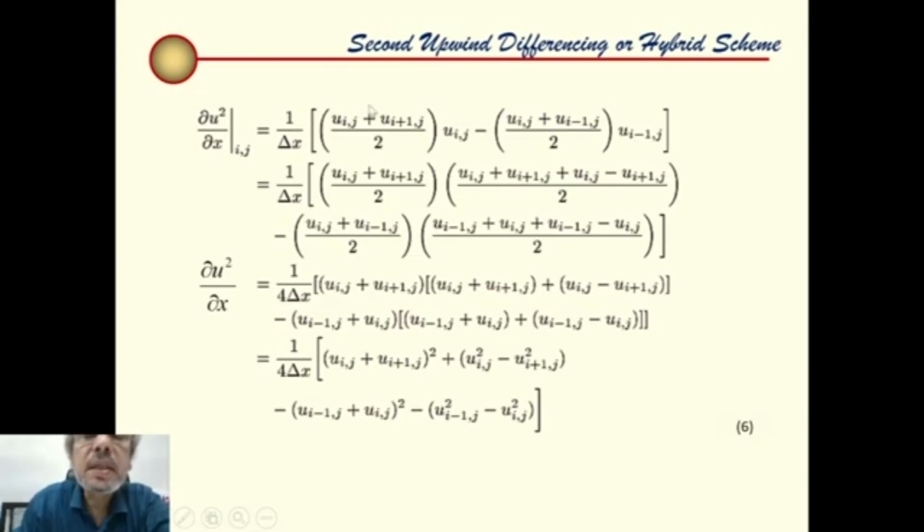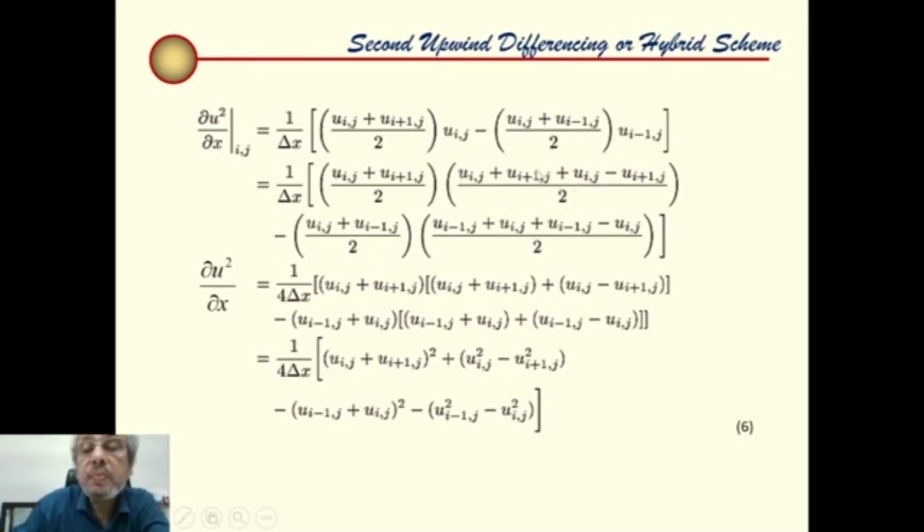Exactly, we have written that. 1 by delta x, this is ur into ij, minus this is ul into i minus 1j. Then we have done some algebraic manipulations for bringing about some specific concepts, but slowly we will discuss. 1 by delta x, this term we have written. uij, what we have done, we have added ui plus 1j and subtracted ui plus 1j and divided by 2.